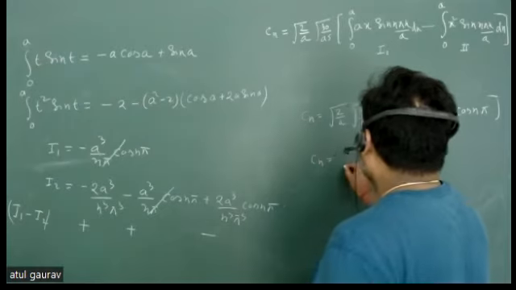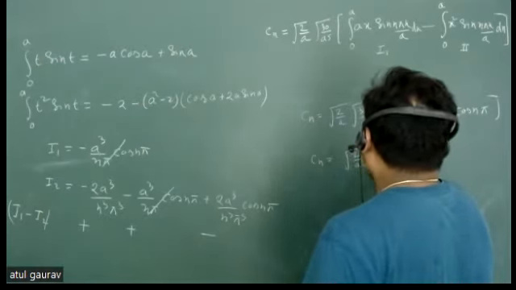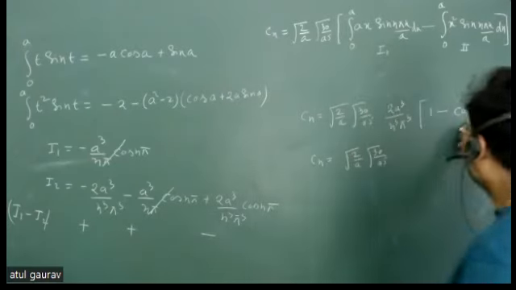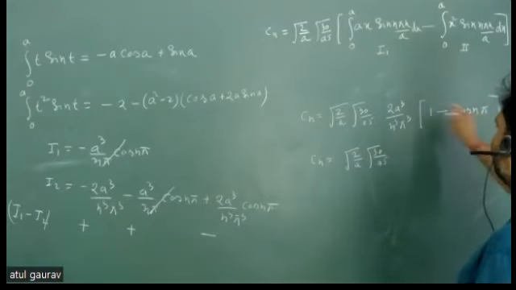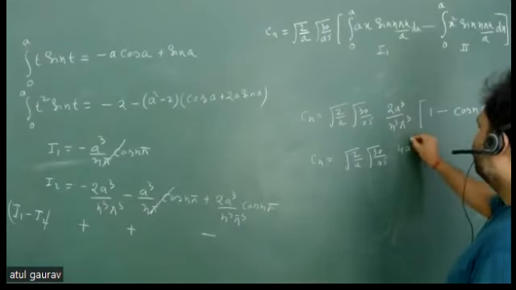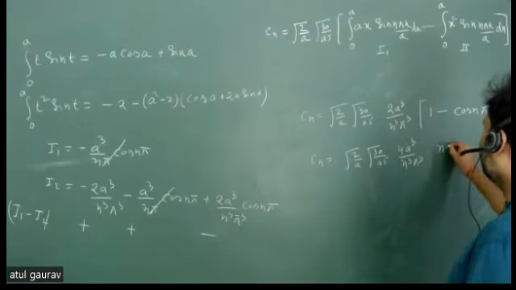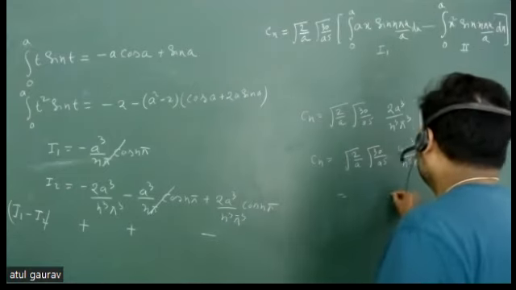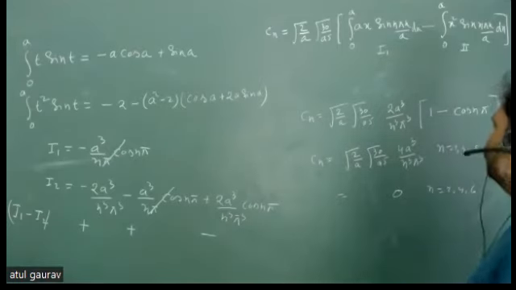So Cn is nothing but root under 2 upon a, root under 30 upon a^5, and this value is equal to 1 minus cos n pi, which will be 2 for n odd, otherwise it will be 0. So that value is 4a cube upon n cube pi cube for n equal to 1, 3, 5 and so on, and that value is 0 for n equal to 2, 4, 6 and so on, isn't it? Yes, sir.